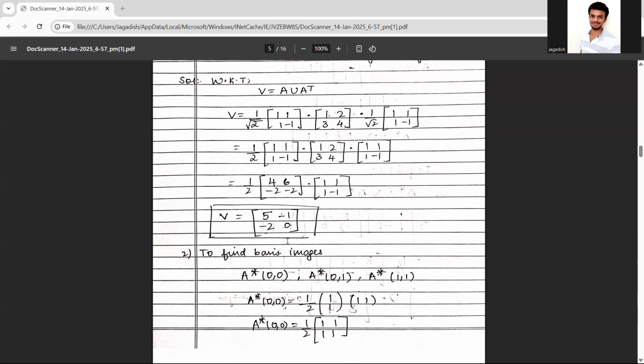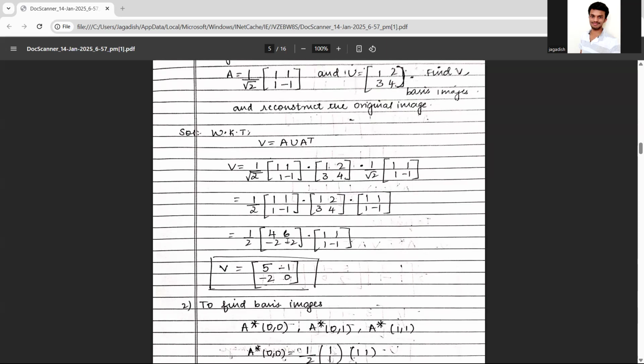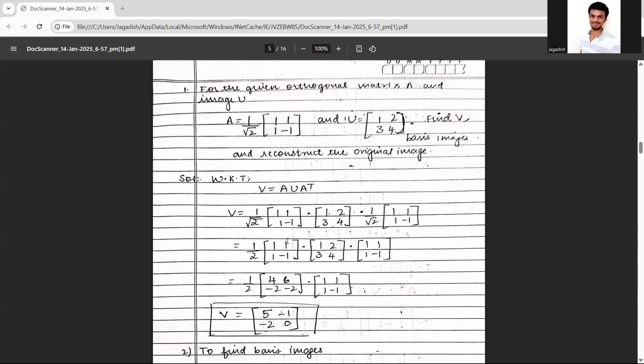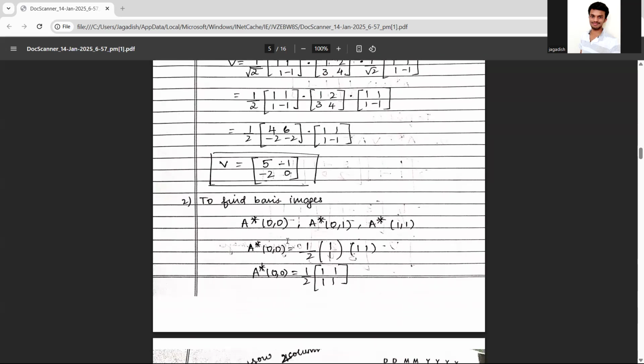So to find the basis images, you just have to find the inner product. For 0 comma 0, A 0 comma 0, you will take the first row and the first column, 1 comma 1. So you will write 1 1 into 1 1.